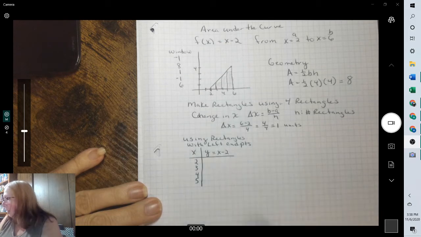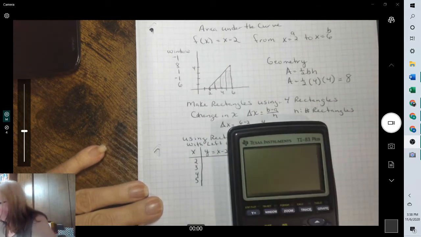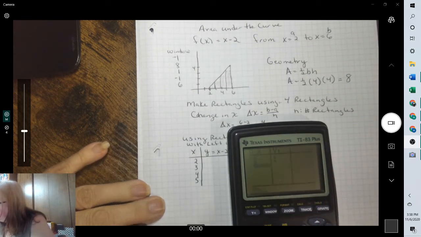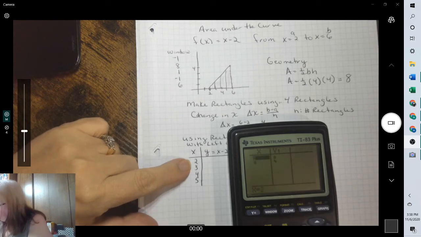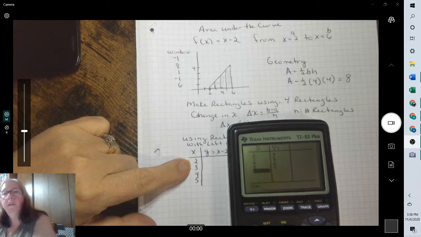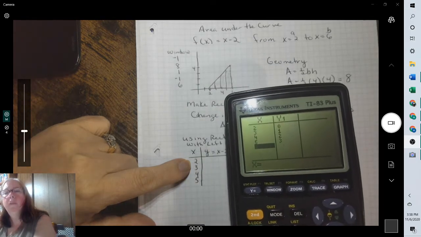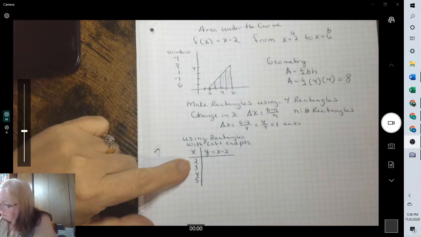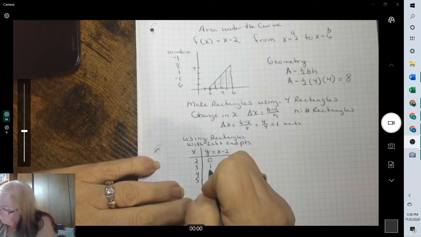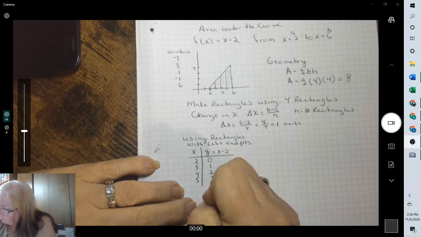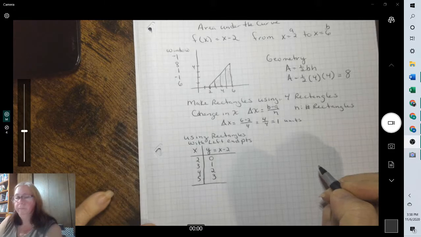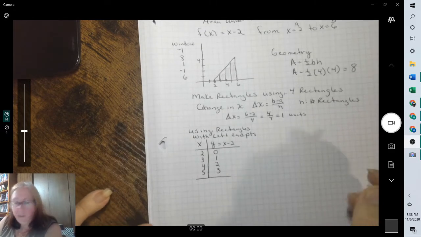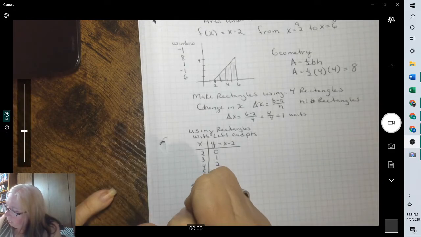To find these values, you already have it in your calculator. Go to table and put 2, 3, 4, and 5. And there's your values: 0, 1, 2, and 3. Now to find your answer, you add up the y values.